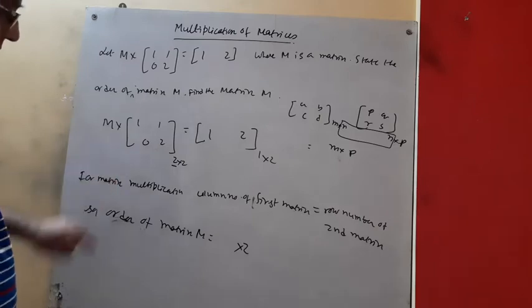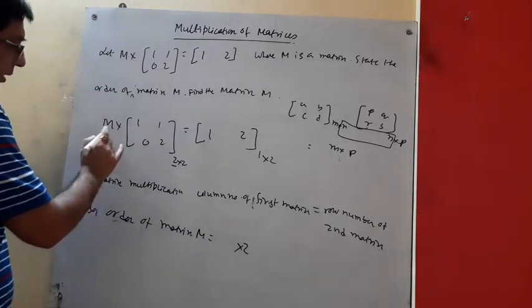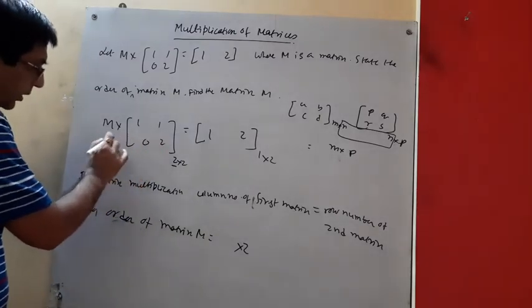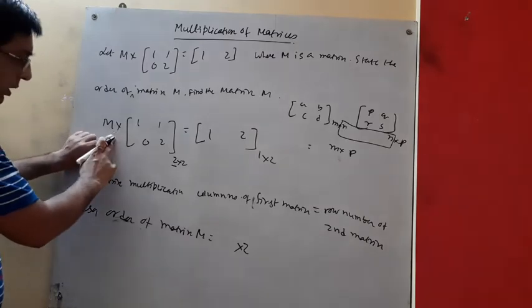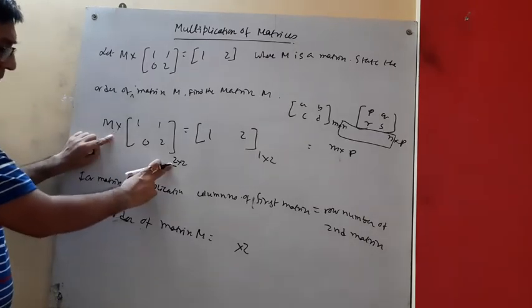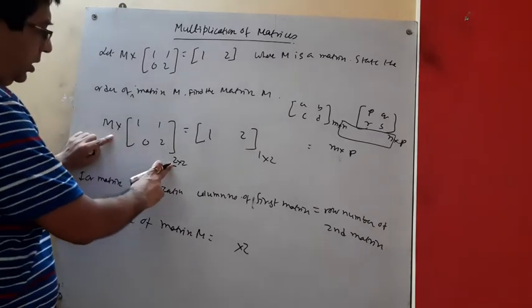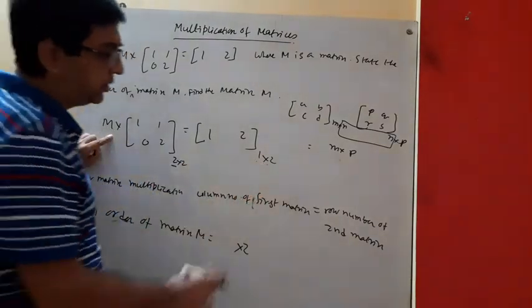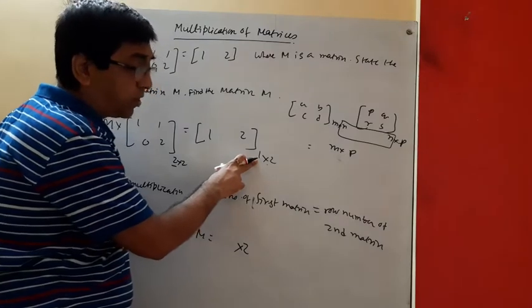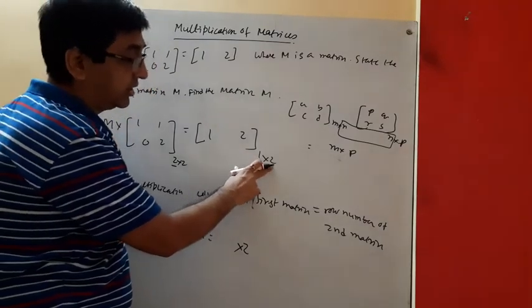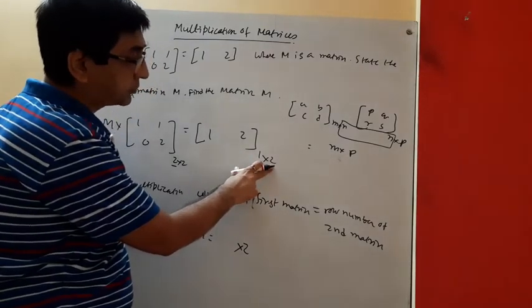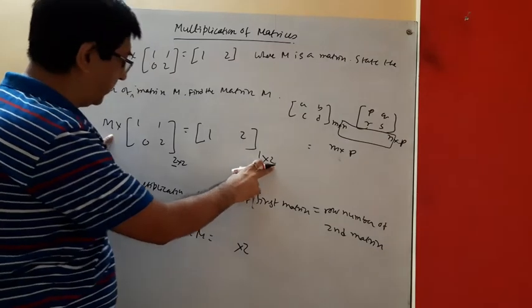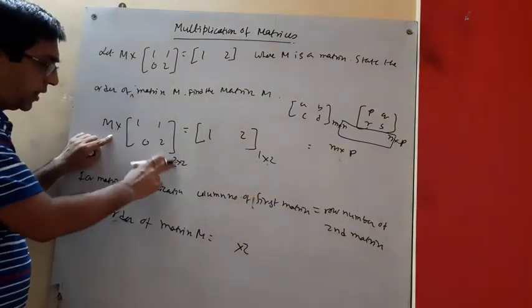So here for the matrix M, the column number is 2, it is clear because this 2 and 2 are the same. What will be the row number? Look, the matrix order is 1 into 2. That means this is the row number of the first matrix and this is the column number of the second matrix. The column number of the second matrix is 2.